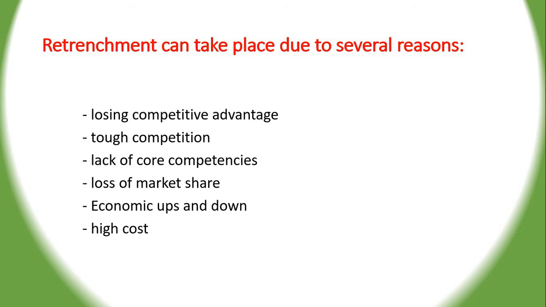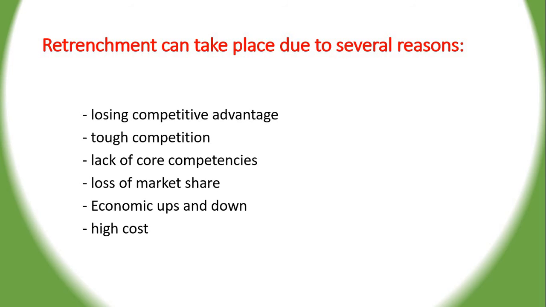The company may not be able to control or meet its production cost. In that industry, the other competitors are using economies of scale, or they may have cost leadership.